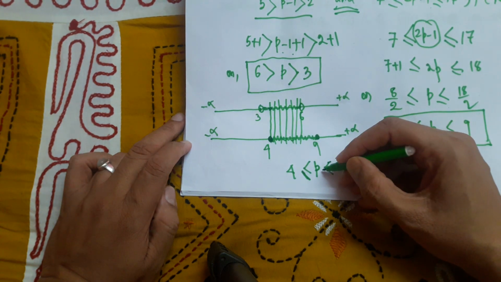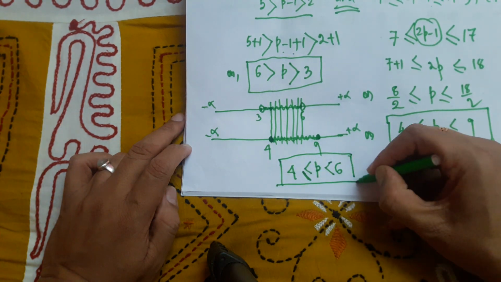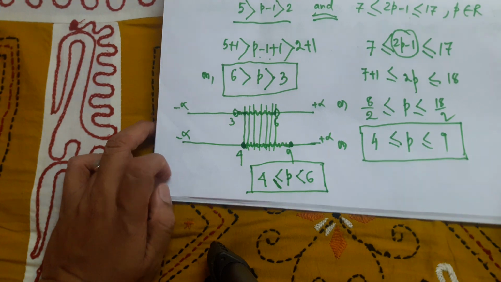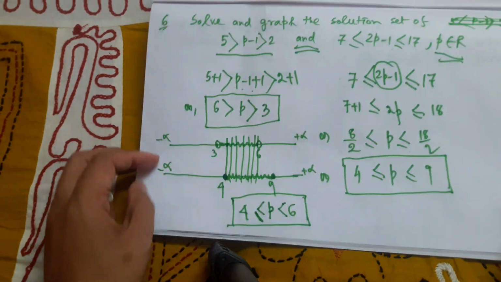So there will be no equal sign, right? So p greater than or equal to 4 and less than 6 will be the answer, because p belongs to real number.